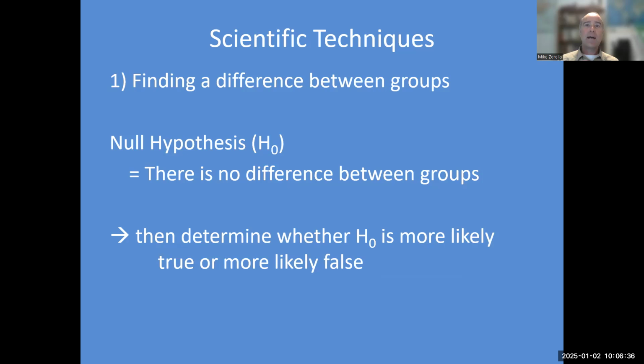And so one starting assumption is to assume that there is no difference. And then what we're doing is we're trying to find out if this null hypothesis is true or not. Is it true that there's just no difference between these 2 groups? Or is there, in fact, a difference? So the null hypothesis would be false in that case.